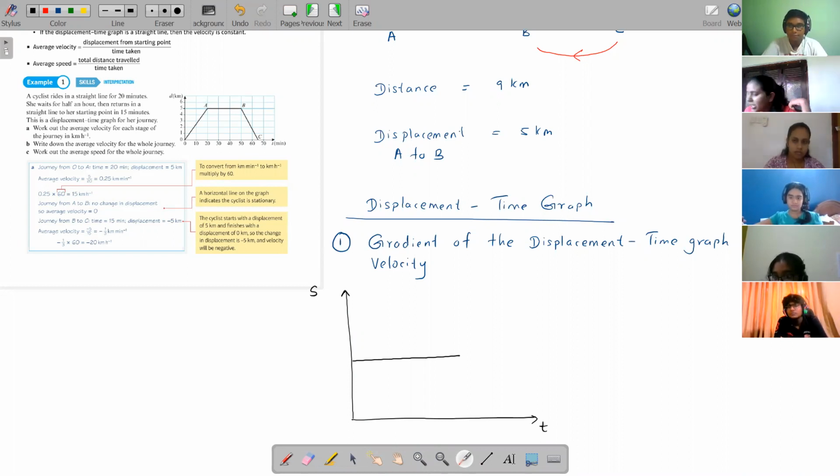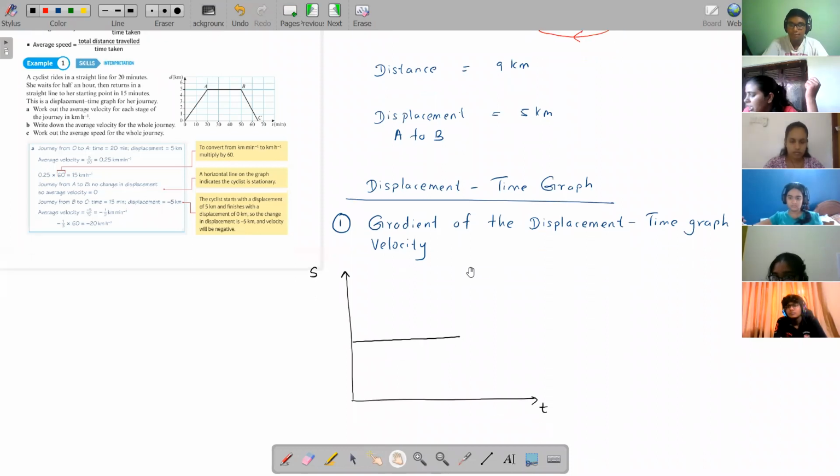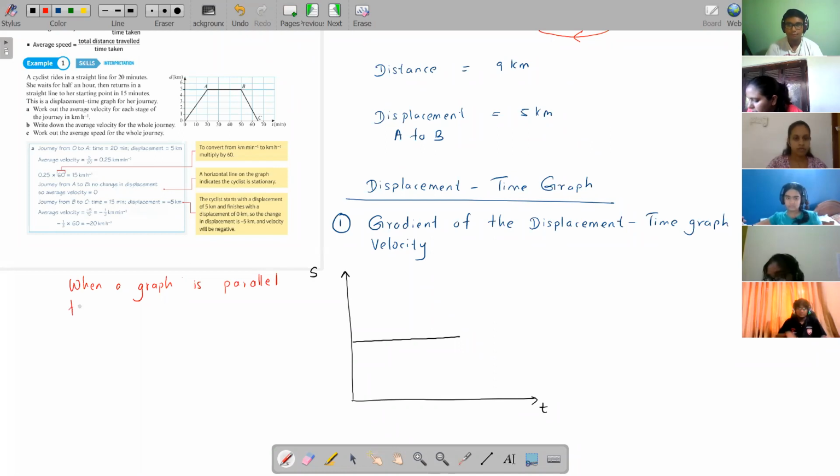Okay, so what is the correct answer, children? You have to know this: when any graph, any straight line or any curve, whatever it is, becomes parallel to the x-axis, what's going to happen?